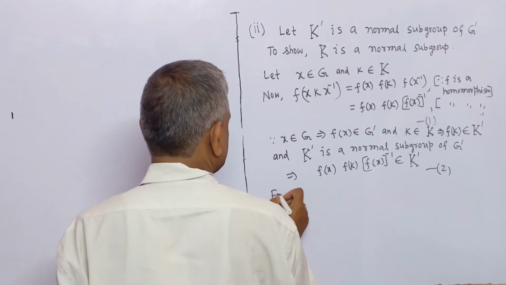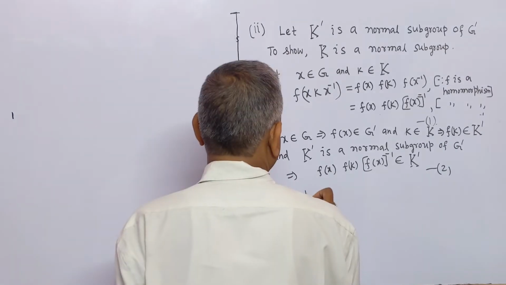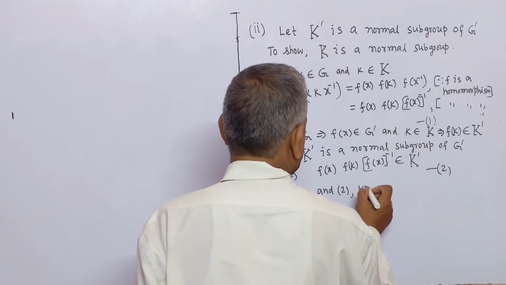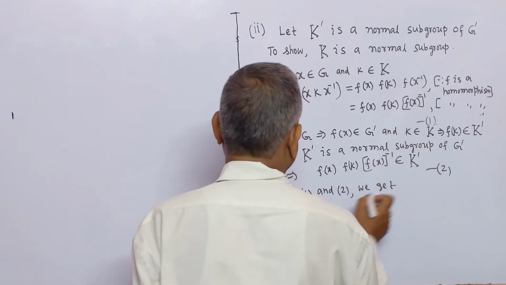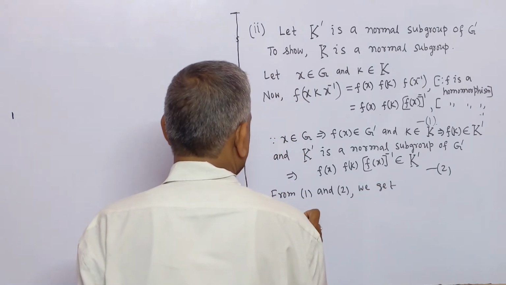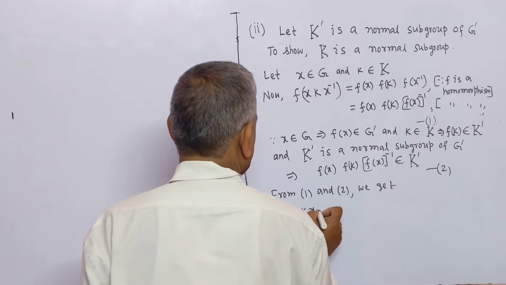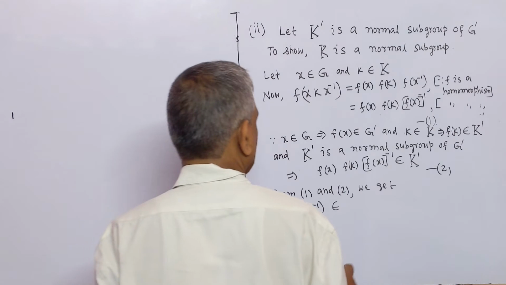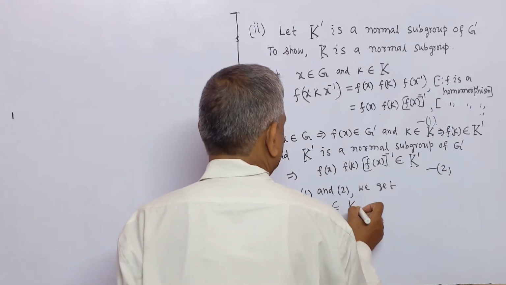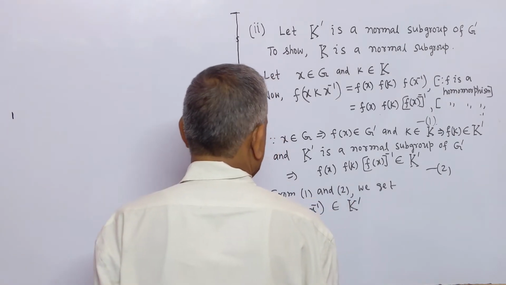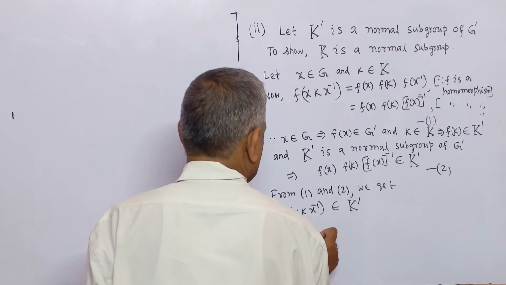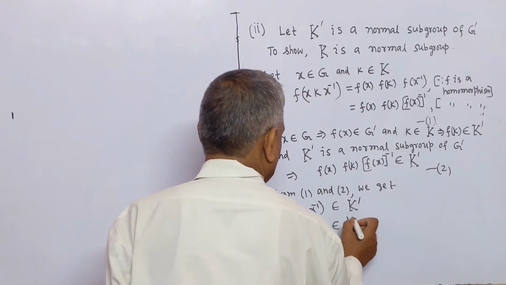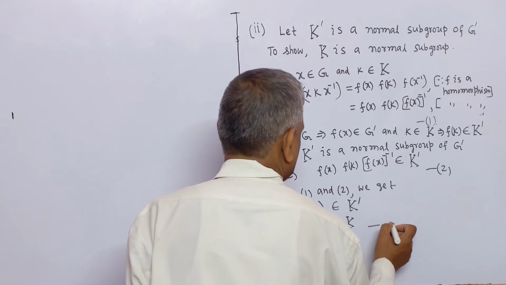From 1 and 2, we get f(x k x inverse) belongs to K', which implies that x k x inverse belongs to K. This is number 3.